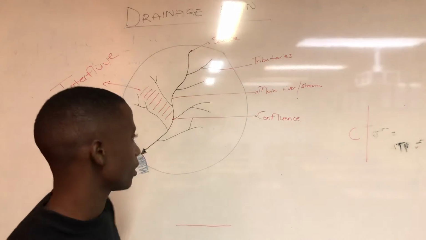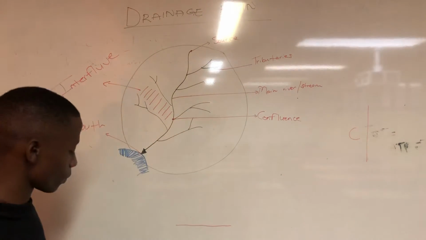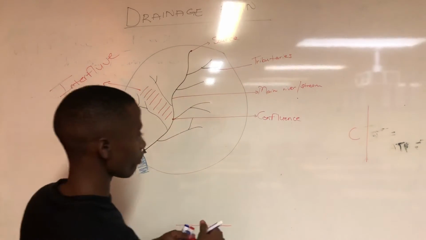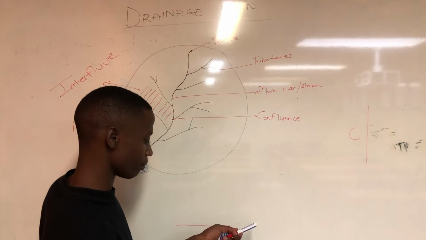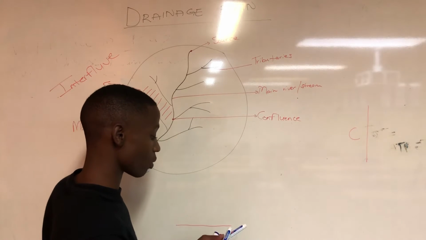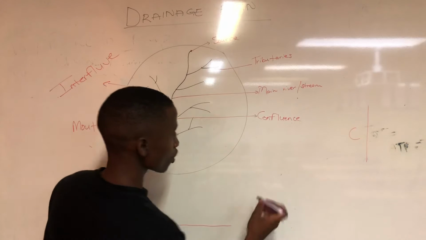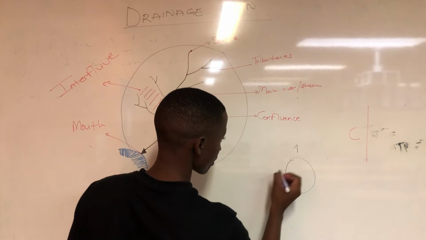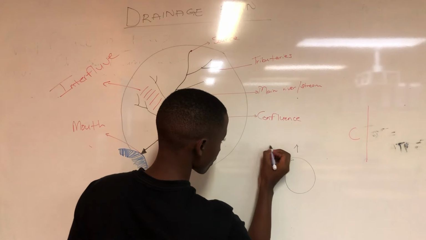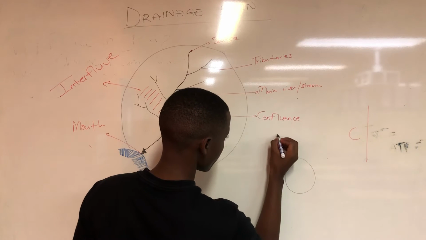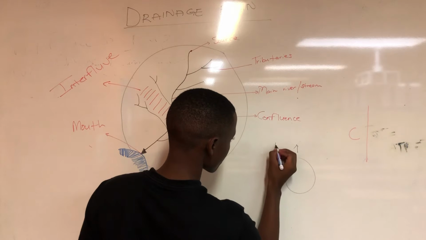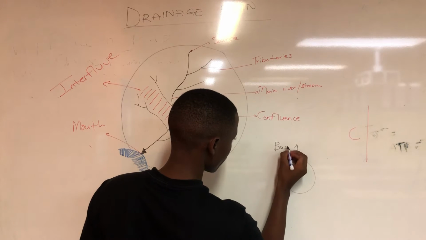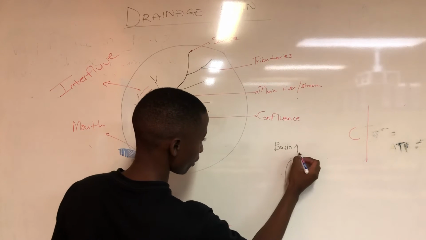Look, let's say we have a drainage basin 1 here. This is an example, guys. Let me just write basin 1.